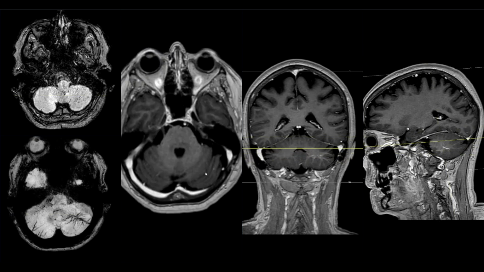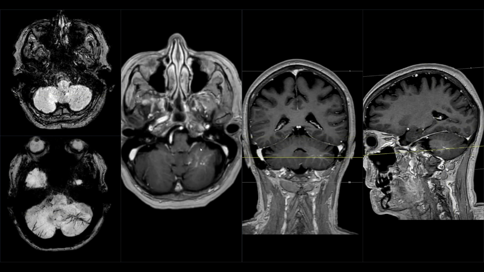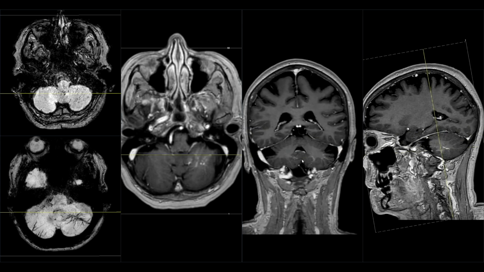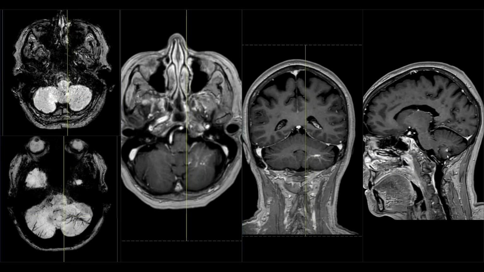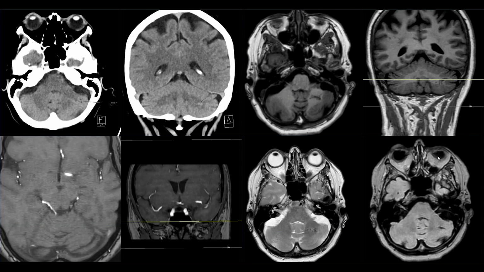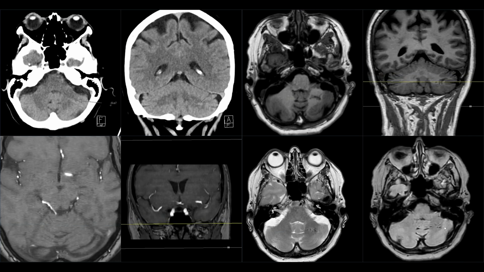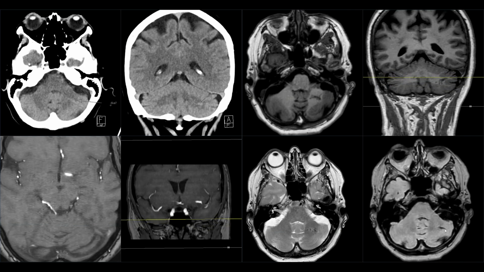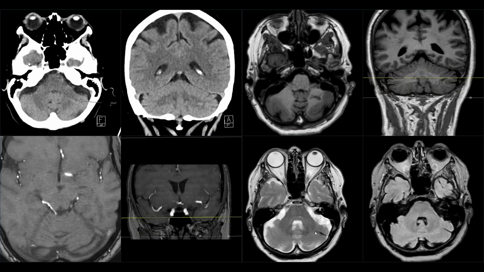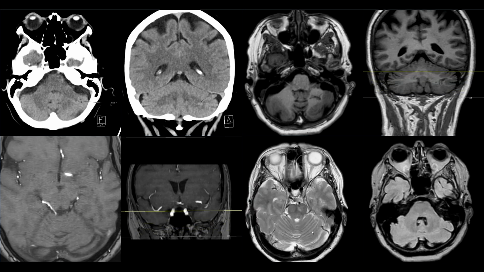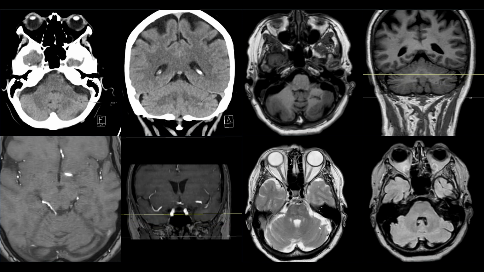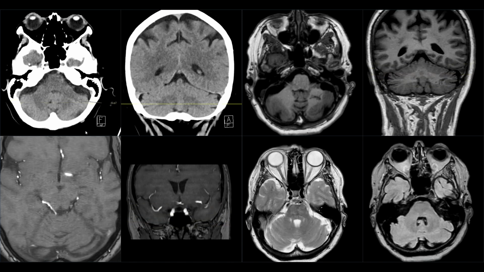Another important thing is to check the parenchyma sequences that show good anatomy of the parenchyma, that there is no substance loss, no old infarctions that we don't see here, as well as on the FLAIR sequence, no gliosis, no signs of gliosis or infarction on T2 weighted imaging.